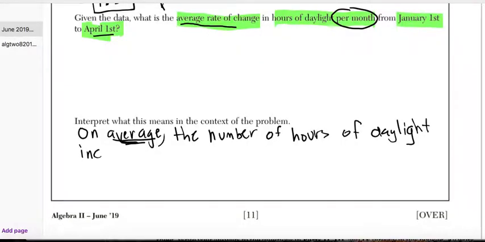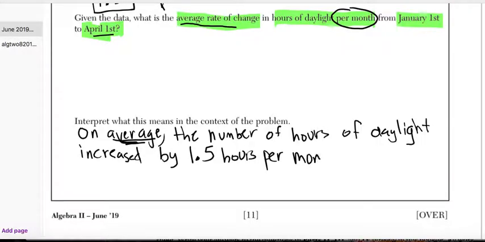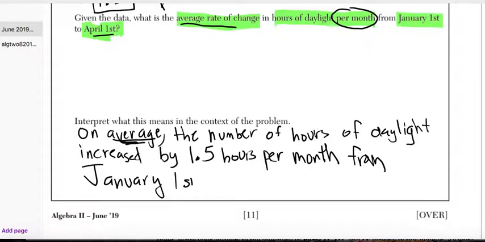Somewhere in the problem. Or we could say it increased by an average of 1.5 hours per month from January 1st to April 1st. Some version of that would get you full credit, all right?